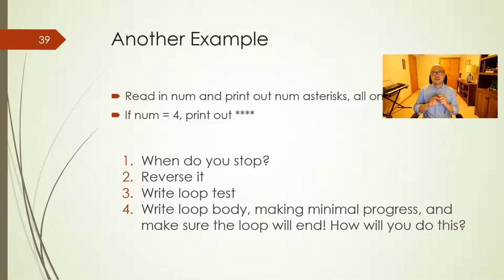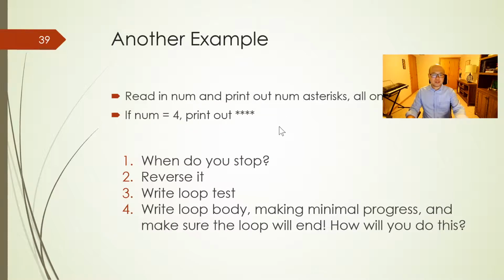Then the user will enter a number, and we print out that number of stars. Like if num is 4, we print out 4 stars or asterisks just on one line, in the same line.